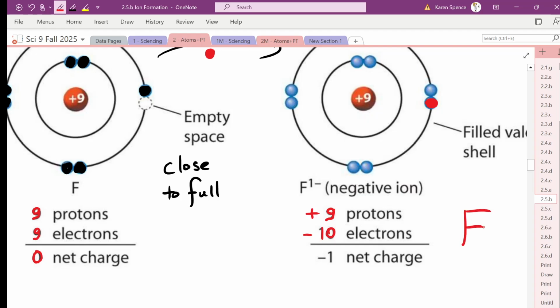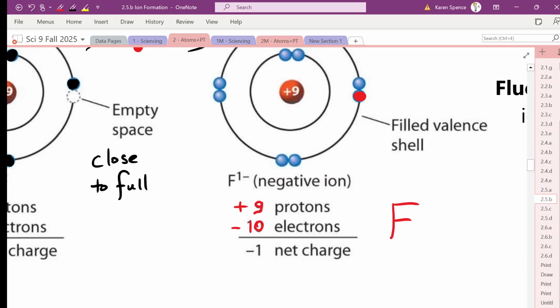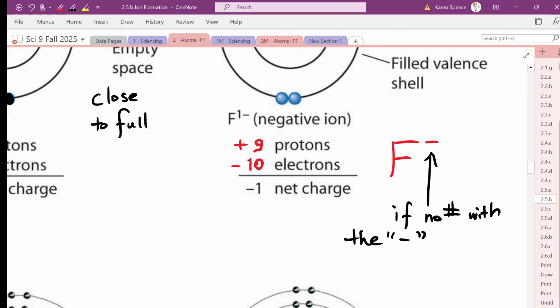So normally we would write it as just F minus. And if there's no number with the minus, it means -1.